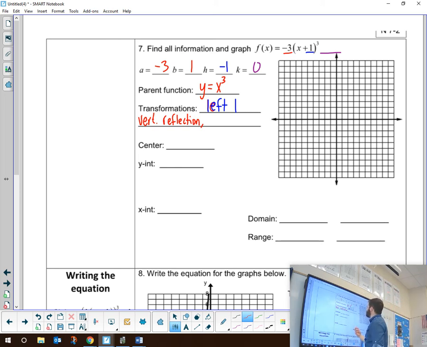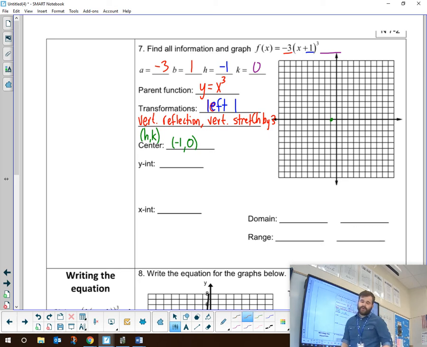So since a is 3, we have a vertical stretch by 3. Then my center. Remember, your center is wherever h and k is. So since my h is -1 and my k is 0, I have a center at -1, 0.